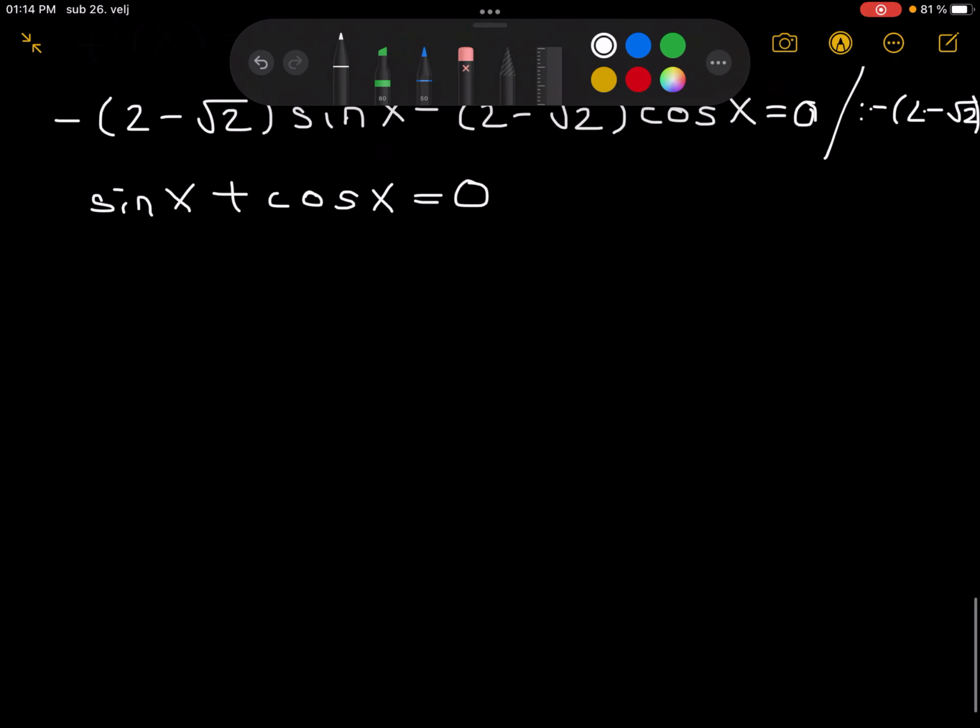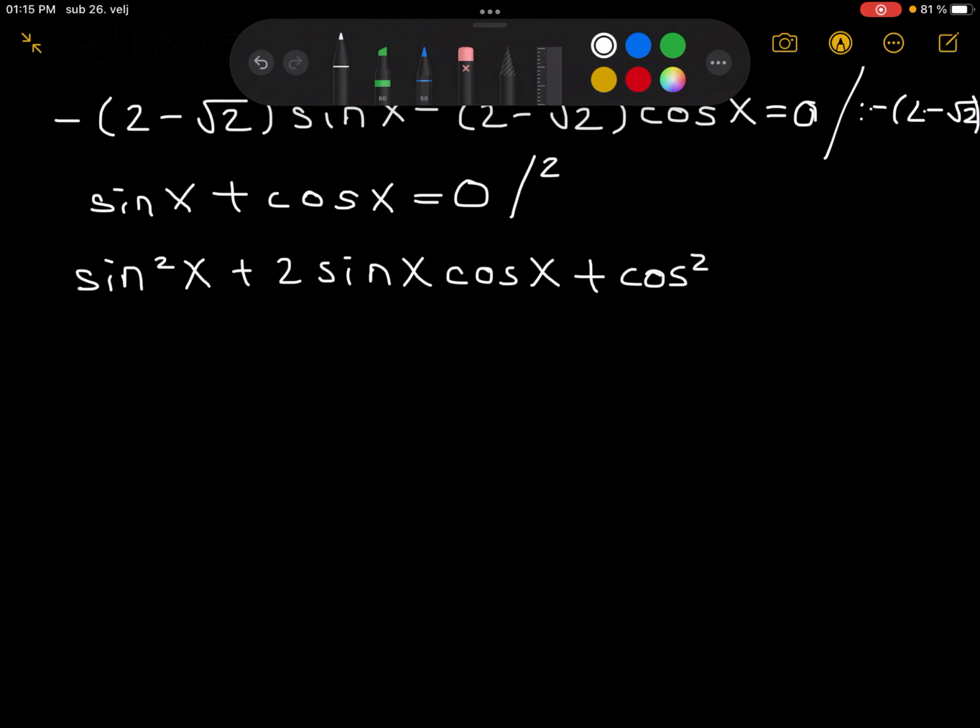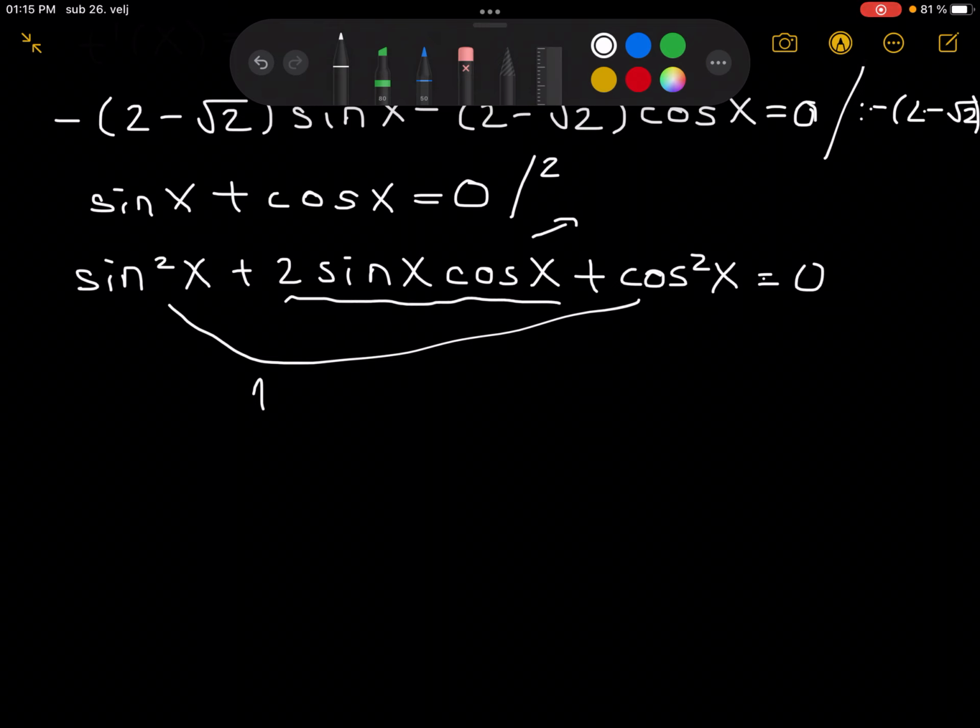Now, there are multiple ways to solve this equation, but I think probably the easiest way is to just square both sides. So that will give us that sine squared x plus 2 times sine x times cosine of x plus cosine squared of x is equal to 0. And let's notice that these two are just 1, and that this quantity here is the same as sine of 2x.